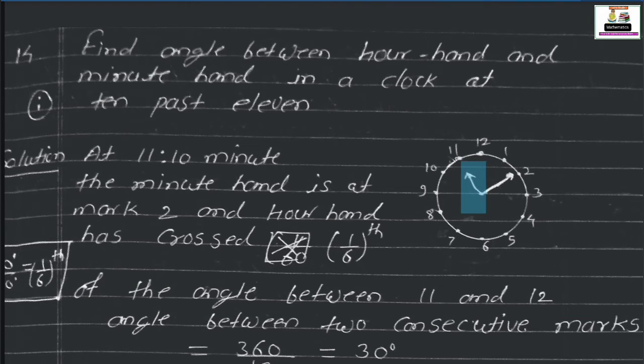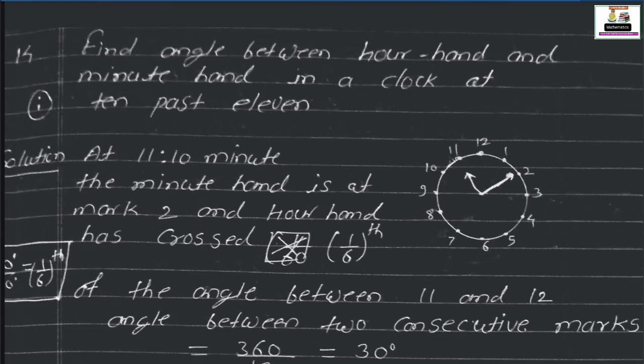That means 1/6 comes from dividing 10 minutes upon 60. We get 1/6 of the angle between 11 and 12.